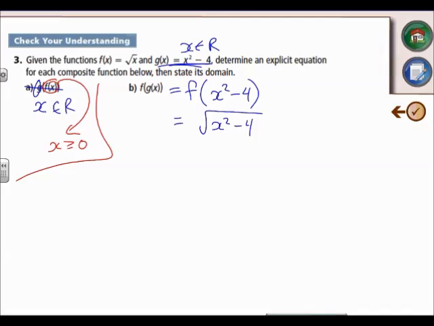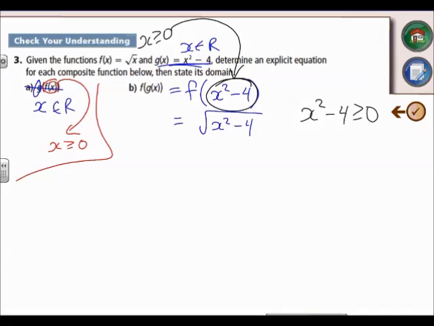So again, we could look at it and say, what values on the f inputs will not work. So I could use that method and say f had a restriction of x greater than or equal to 0. So the restrictions on f mean that what I'm inputting into the f has to be greater than or equal to 0. So x squared minus 4 greater than or equal to 0.